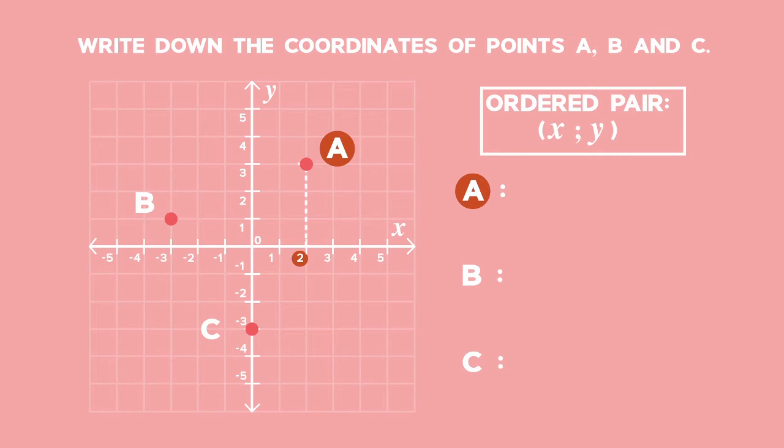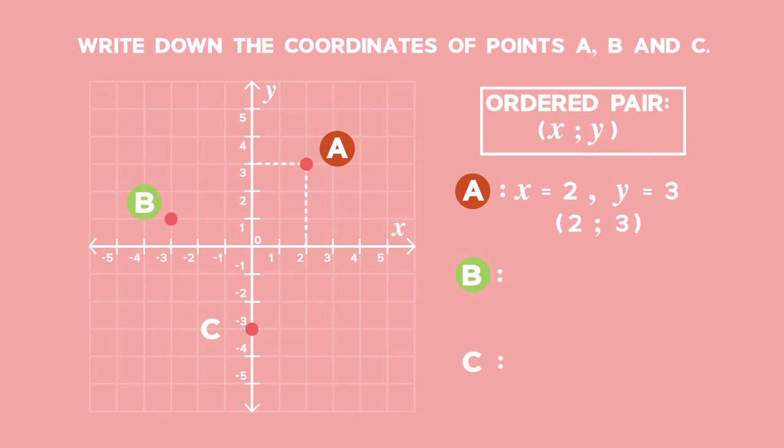And if I go across on the y-axis, the vertical axis, I see that it cuts at 3. Therefore, the ordered pair that represents point A will be x is 2 and y is 3. So A is the point (2, 3). So we list x value followed by y value.